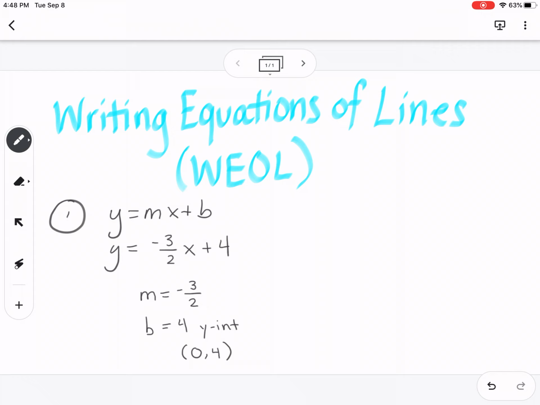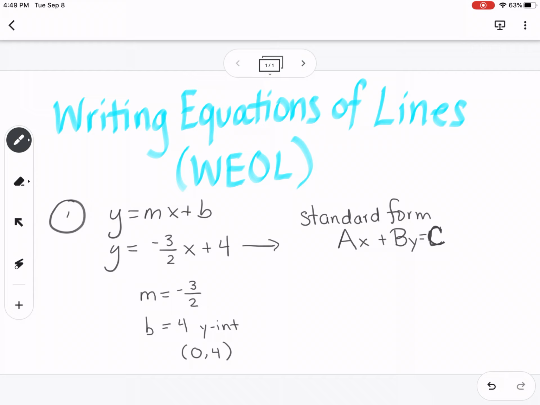As an ordered pair, that's the typical way to give an intercept, (0, 4). Now, if I want to take this equation and rewrite it into standard form, the standard form formula is capital Ax plus capital By equals C. And there are some rules for standard form.